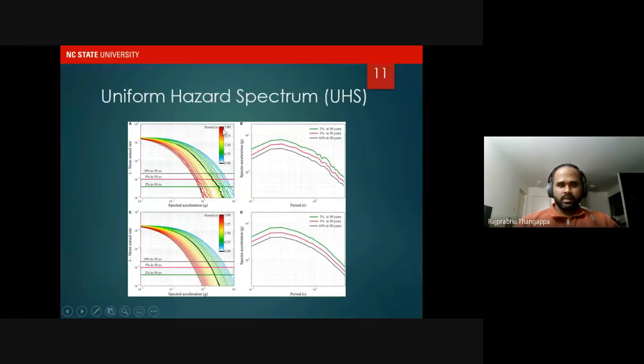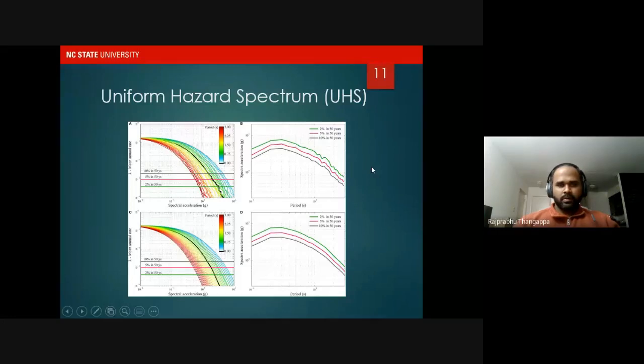So this is a variation in period. As the period increases, the spectral acceleration is getting reduced for a chosen annual rate of exceedance, which is evident in the plot on the right, because as the period increases, the spectral acceleration decreases. These are plotted for different annual rates of exceedance.